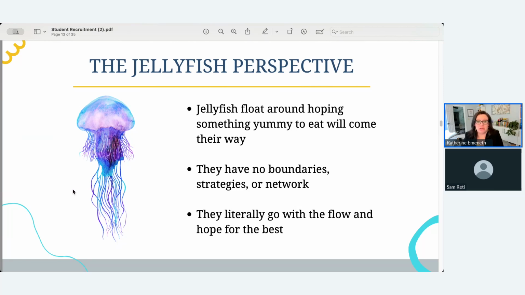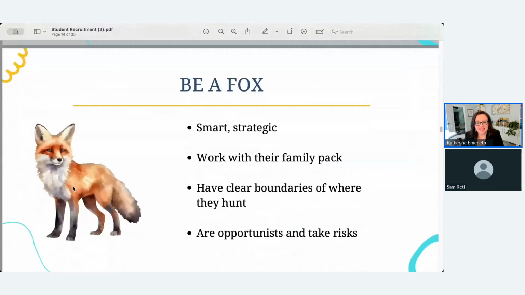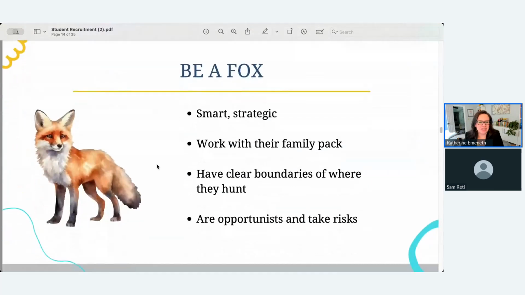And it's super cool to hang out with kids all the time, or adult students who are interested in learning an instrument. But you have to think about it like a marketer or like a fox. You have to be smart and strategic. Foxes work with their family pack or with their network, and they have clear boundaries of where they hunt, and they are opportunists and take risks and put themselves out there.